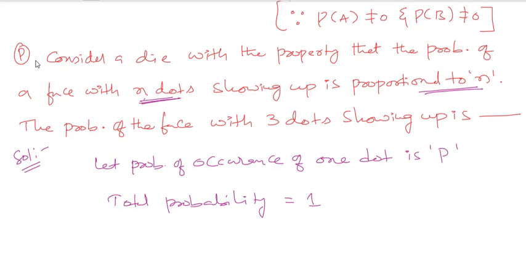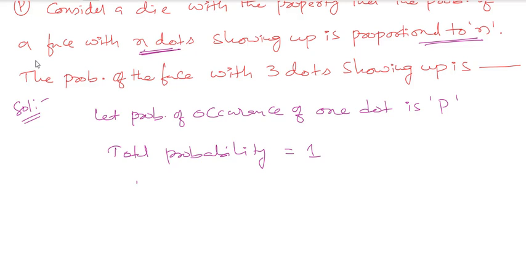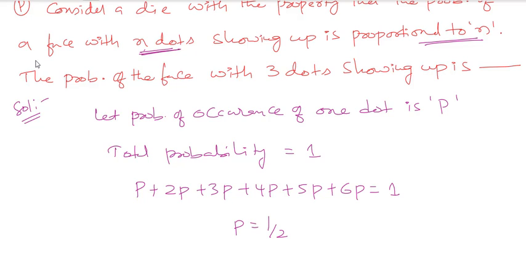If I add all those things, the value of p you will get as 1 by 21. But they are asking for one particular value.